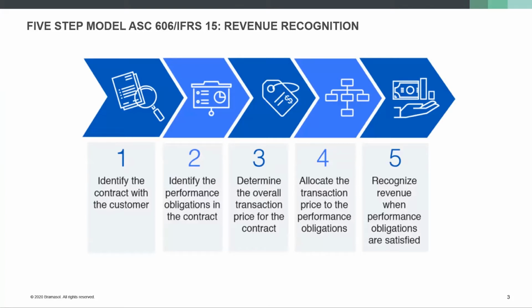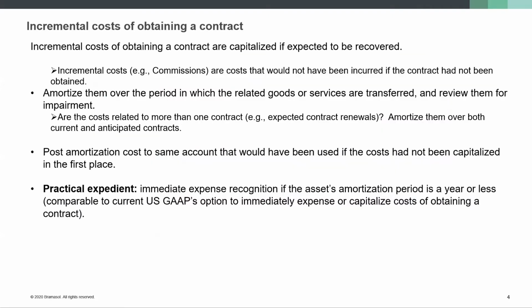However, there's new guidance under ASC 606 IFRS 15 that talks about cost to obtain and cost to fulfill. So what exactly does that mean?